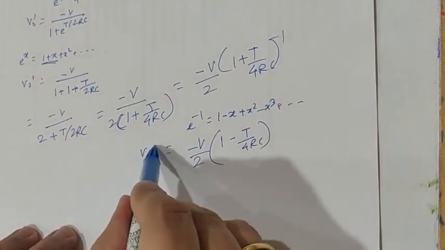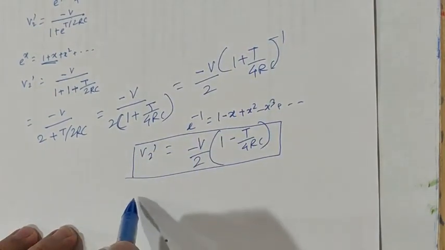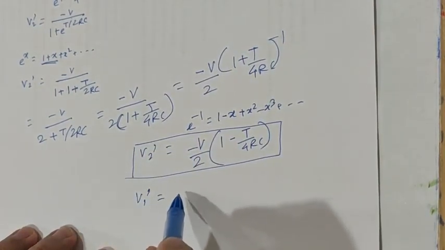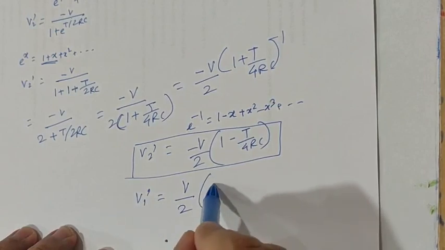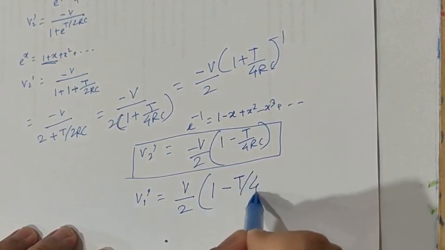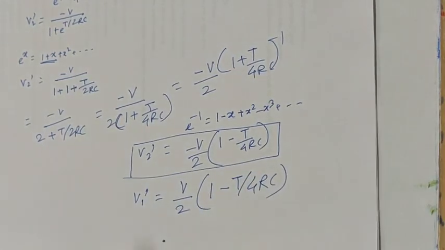So this is the value for V2 dash. Similarly, what will be V1 dash? Of course, exactly opposite to that. So it is going to be V by 2 into 1 minus t upon 4 RC. So we have got all the 4 points.